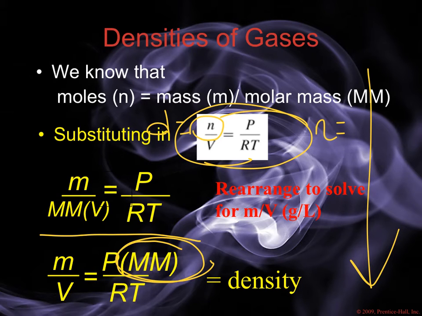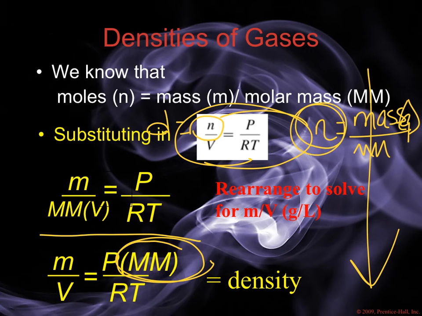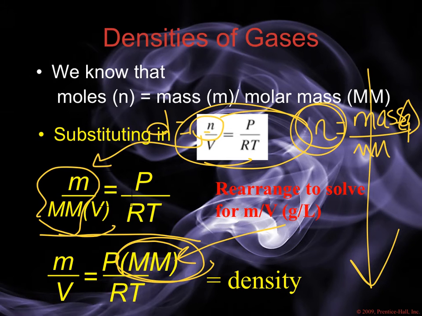We get it by taking mass, grams, and dividing by molar mass. So instead of putting n for moles, I substituted mass divided by molar mass. The reason I did that is because there's a cool formula which you need to commit to memory on the next page that allows us to determine the molar mass of any gas we analyze. So let's look at that formula.